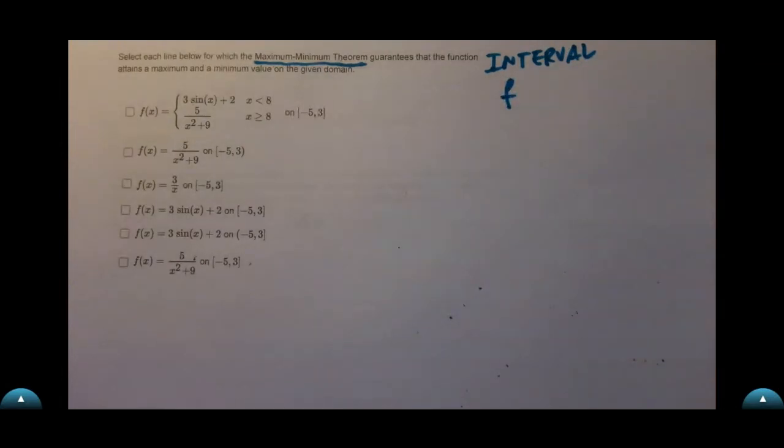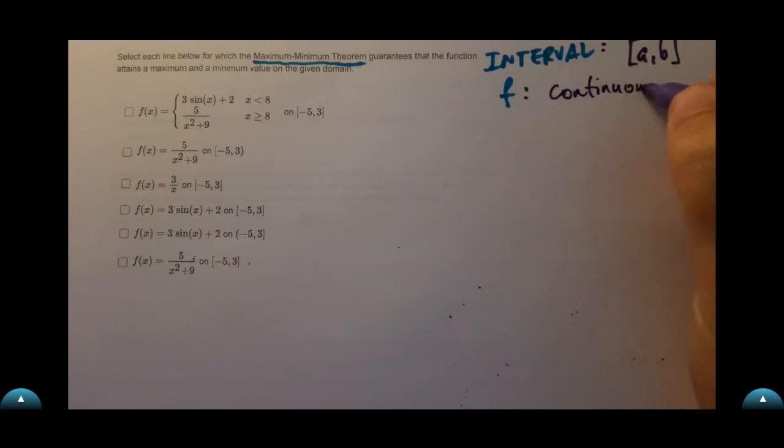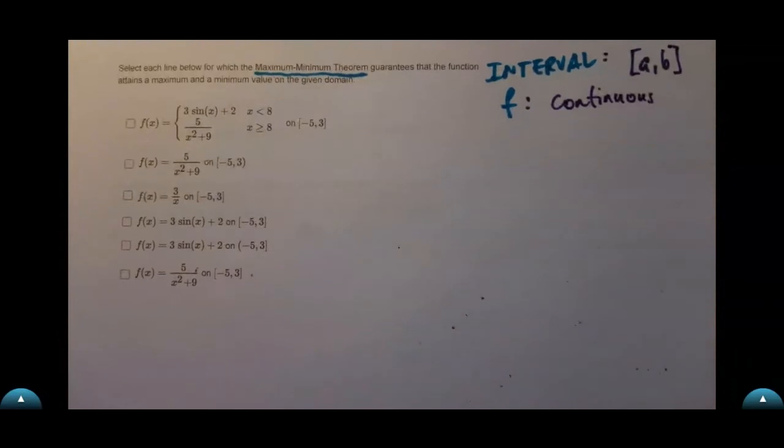So two things to worry about: the interval and the f. We want the interval to be closed and bounded, and we want the f to be continuous. They're the two things that the maximum minimum theorem depends on. If any of these are broken, then you can't apply the theorem.